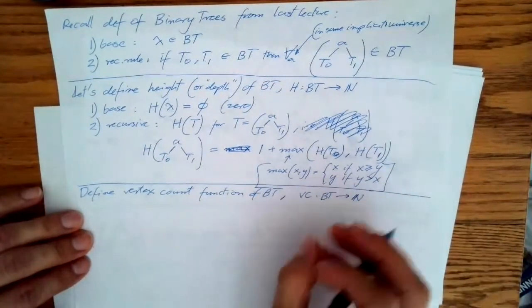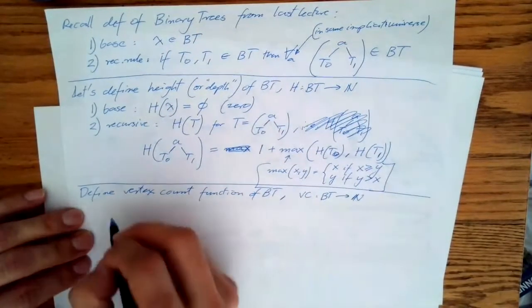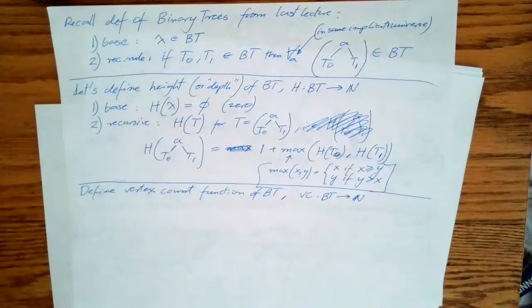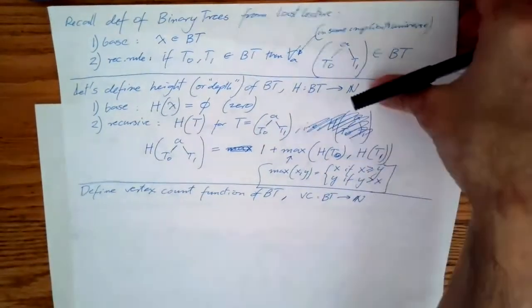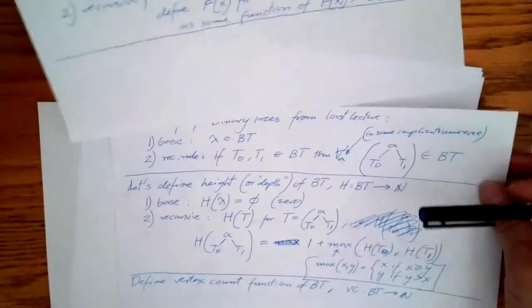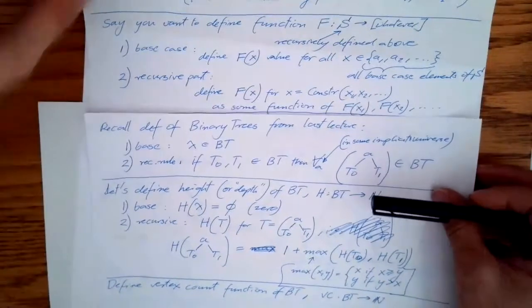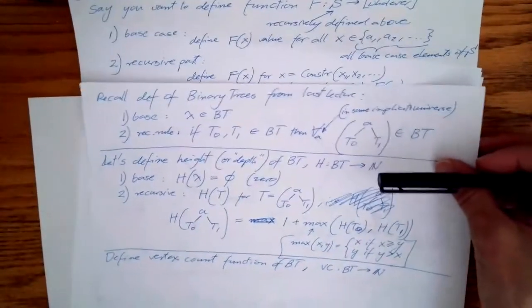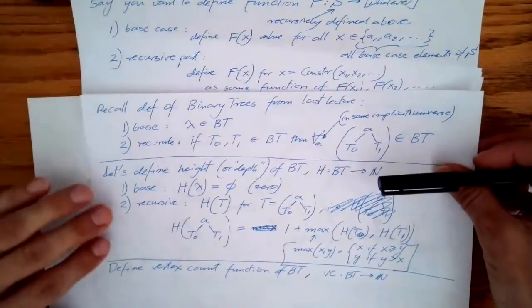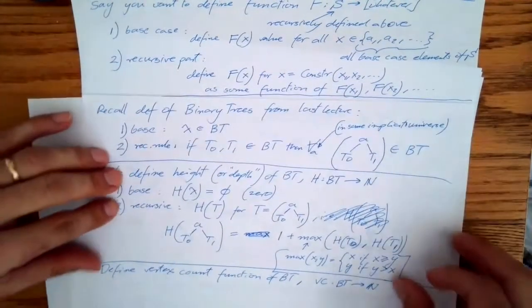Now I want this function to express the number of vertices in a tree. And where was my blueprint for all recursive definitions? It was here, but I guess maybe I cannot fit it. But I'll try.